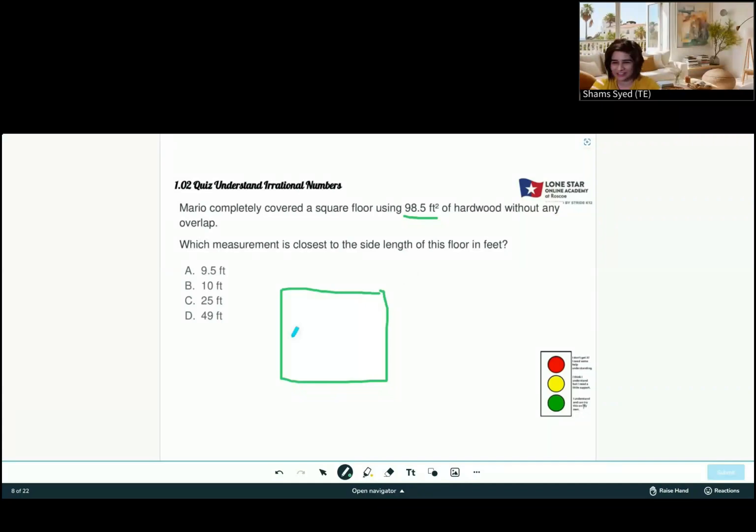Rania is right. Kayla, absolutely. It is in square units. We are talking about area. The area of this particular square is going to be 98.5. And the question says, I will also say square feet because we want to be really particular about units.